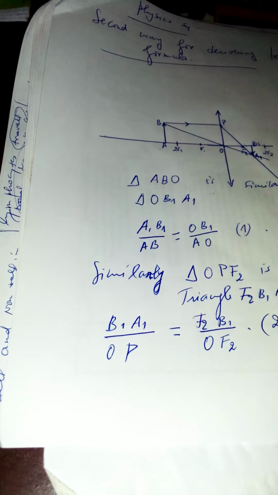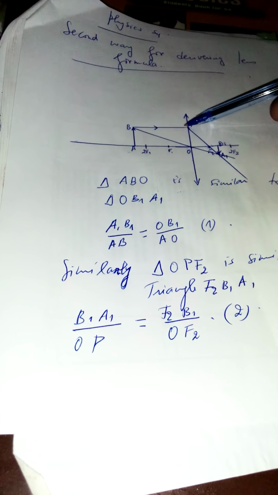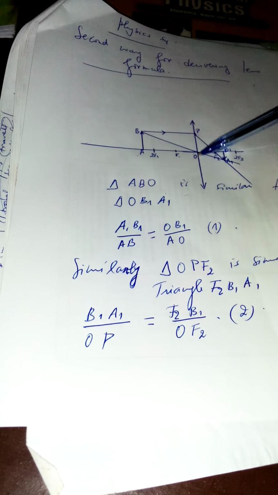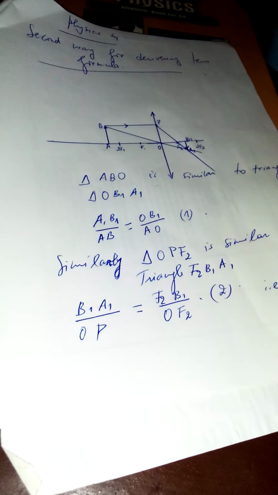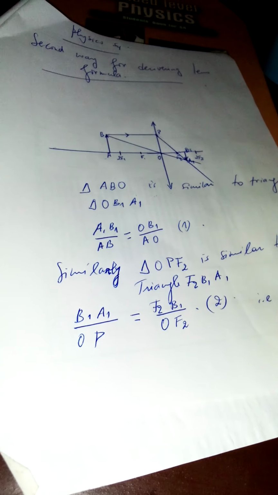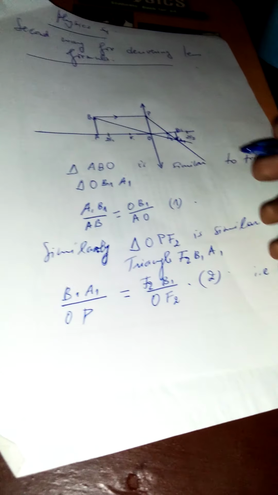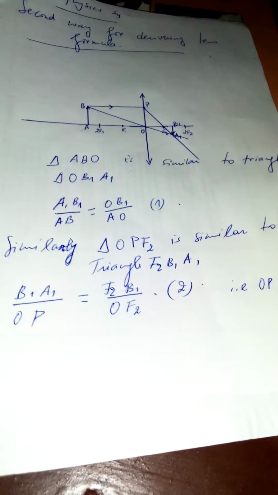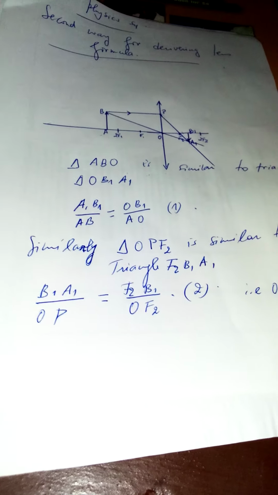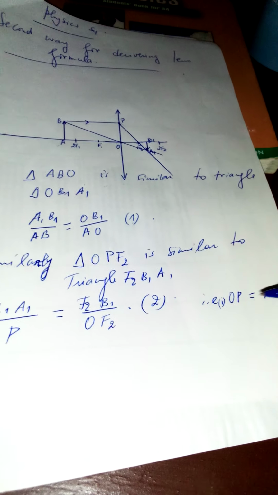And then if we look, this length or this side is the same as this side, it means that OP is equal to AB. This is the first assumption.